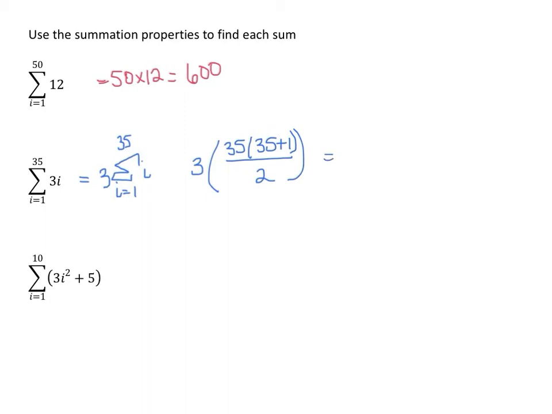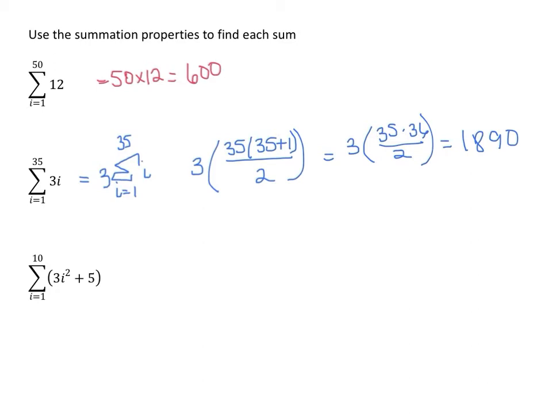So that becomes 3 times 35 times 36 over 2. 35 times 36 divided by 2 is 630. 630 times 3 is 1,890.